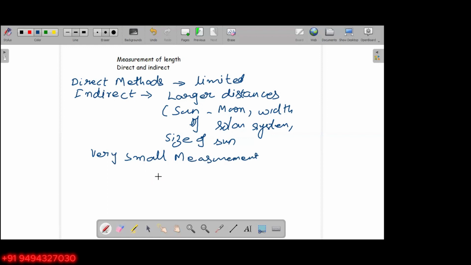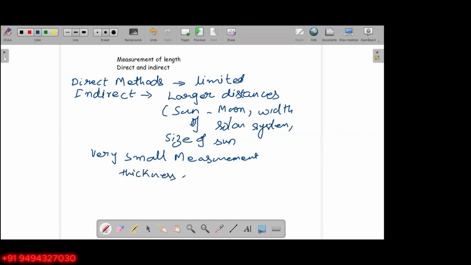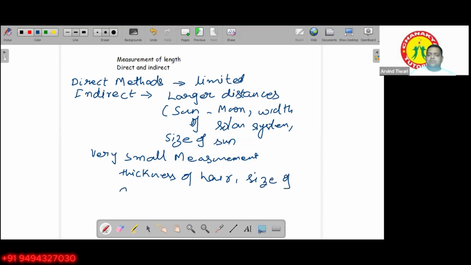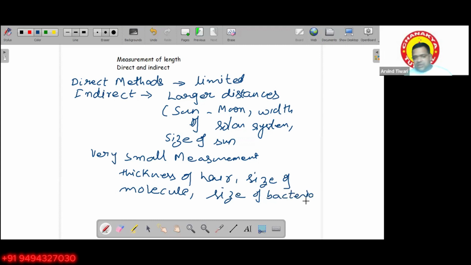So, for example, thickness of hair, size of molecule, size of a bacteria, they cannot be measured directly. They require some indirect approaches of measurement.